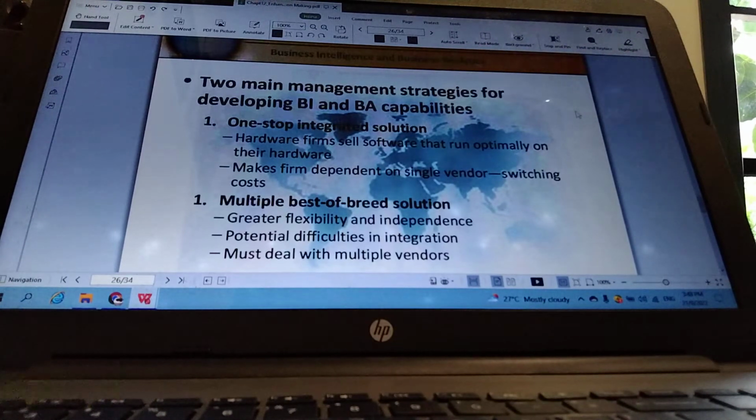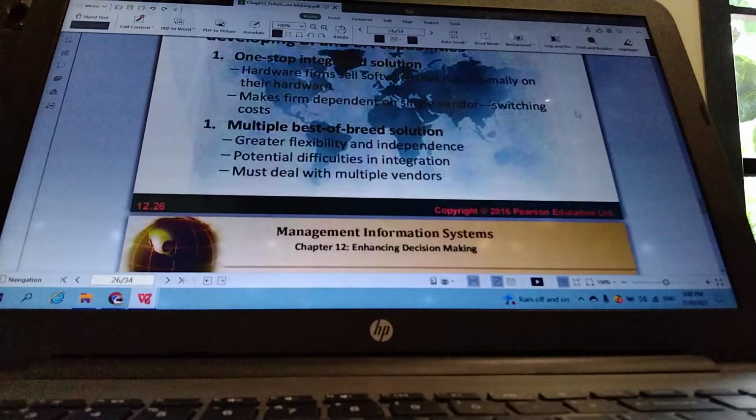So instead of all that, they just look for one particular vendor, maybe the best vendor, the best option, and then they go for it, instead of having multiple vendors or multiple sources or multiple options. So these are the two main management strategies for developing BI and BA capabilities.